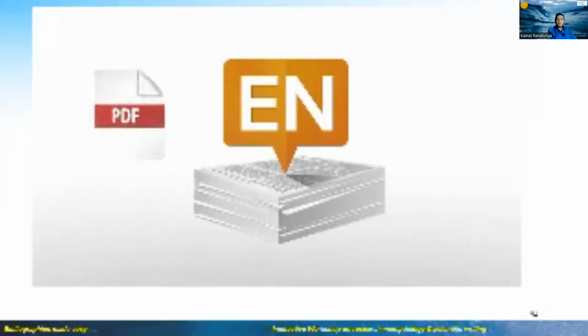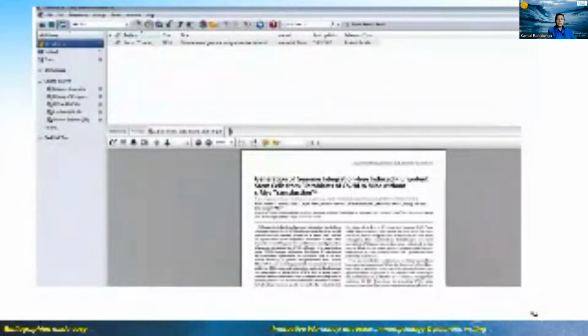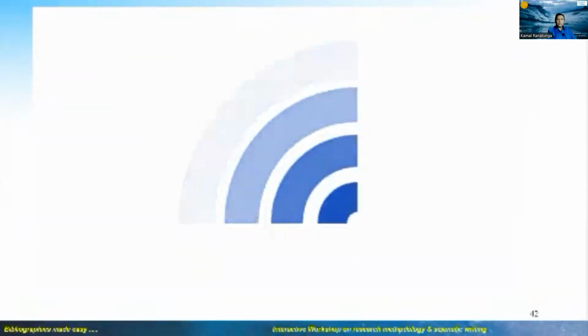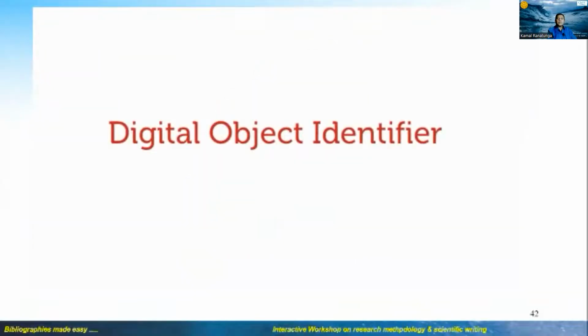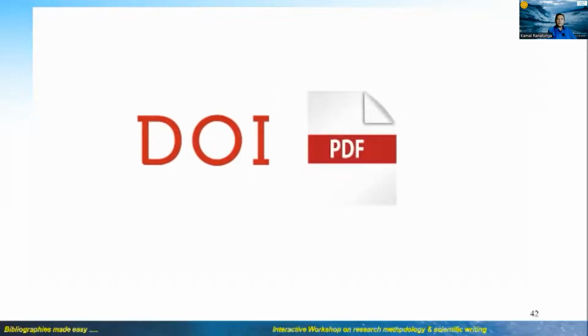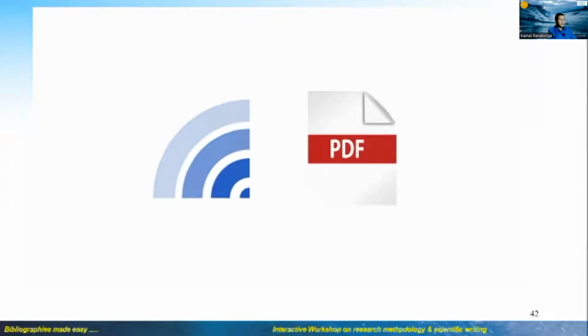The PDF import option allows you to convert PDF articles you've previously added to your computer drive into EndNote references. To use this feature, you need to be connected to the internet, so EndNote can extract the digital object identifier, also known as the DOI, from the PDF file and then match that information with data available online.